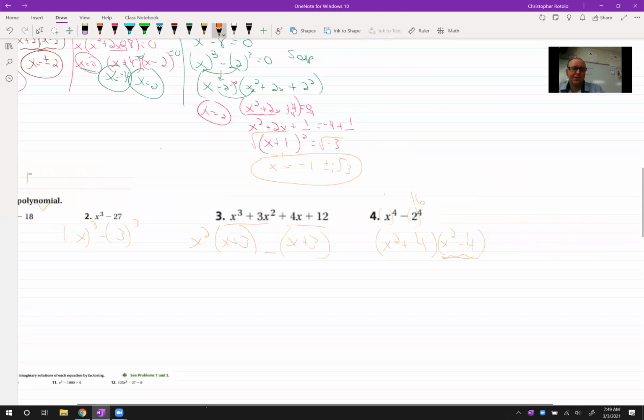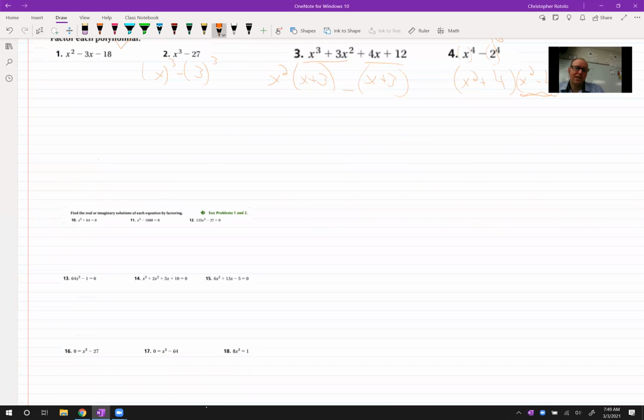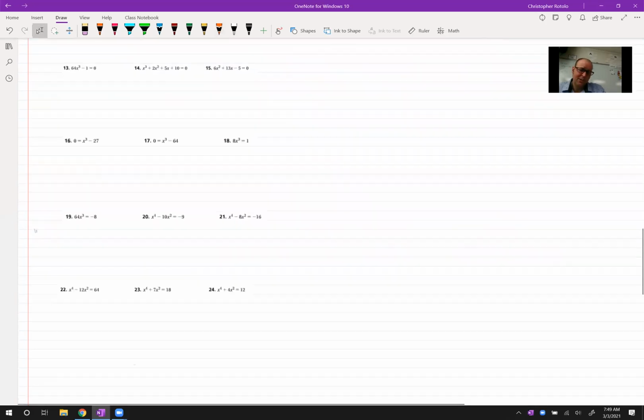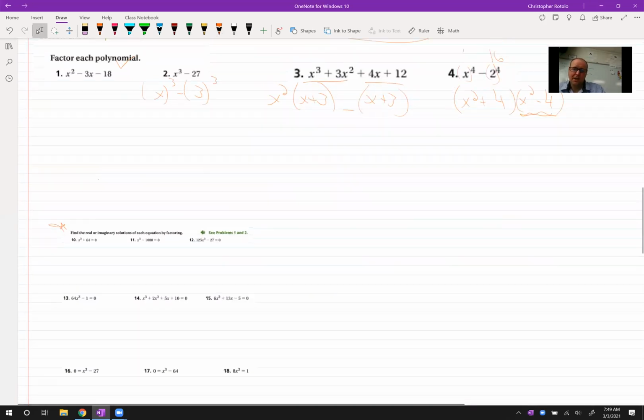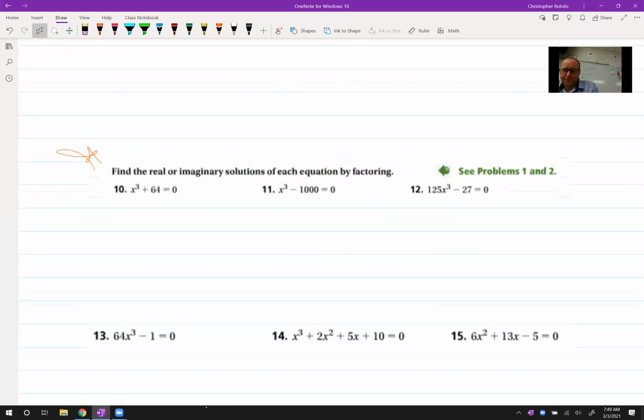All right, so give those a whirl so I can tell where we're at as we come into class. If you're doing super fantastic with all this stuff, then go ahead and jump into some of this work that will be assigned as homework after our day together. And one thing that I see right away before I let you go is 125x cubed, so that's 5x cubed minus 3 cubed.